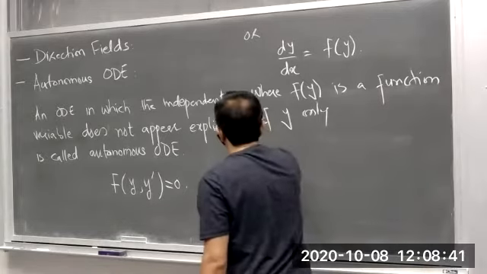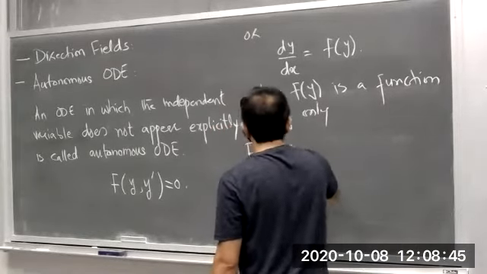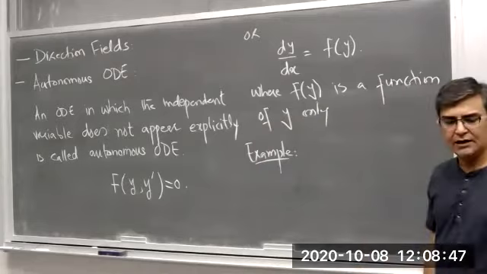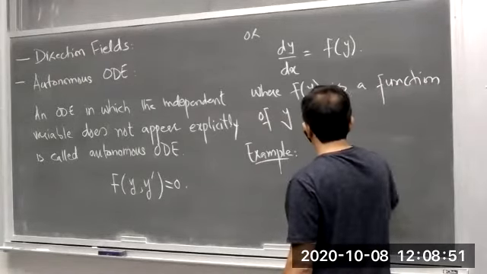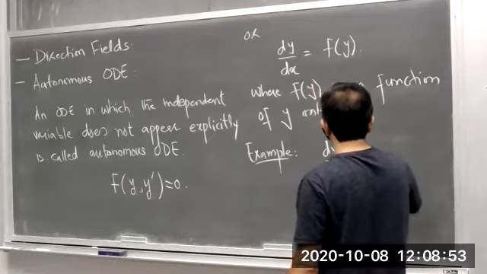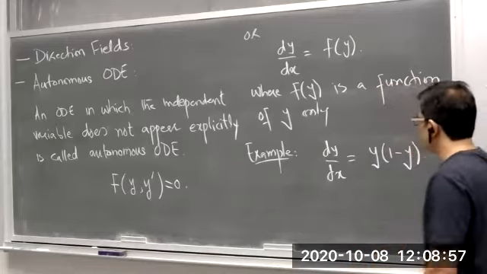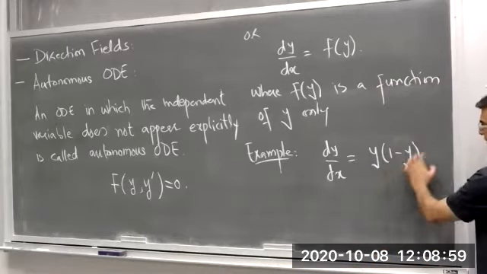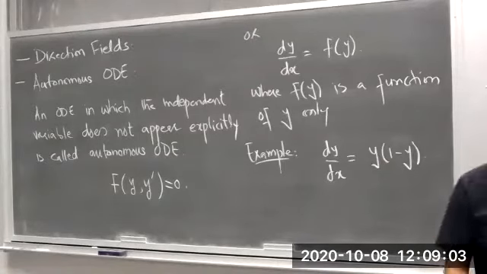For example, the following differential equations are autonomous differential equations. Maybe dy by dx is equal to y into 1 minus y. In the right-hand side function, there is no x. It doesn't appear explicitly.